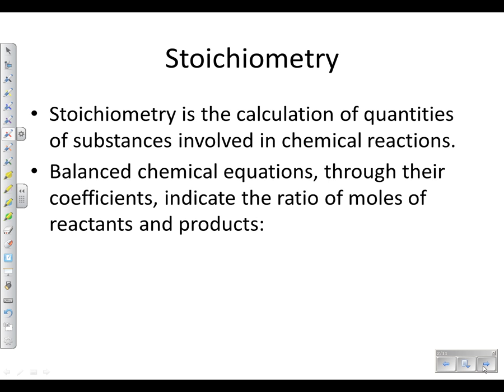So balanced chemical equations, specifically their coefficients, are going to be very important in comparing one part of the equation to another part of the equation. Go ahead, Farah. Don't the coefficients just tell us how many molecules there are? Yes, and that's important. Okay, that's important to calculate, and I'll show you how that works in just a second. Okay. All right. So let's do this. Farah, this is good.